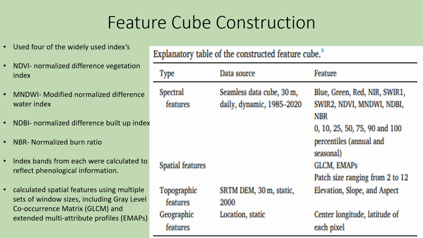I haven't seen the normalized difference water index, but there's that, and a normalized difference built-up index, a normalized burn ratio, and all of these indexes were calculated to reflect phenological information from different band lengths over the 30-year period. And then through that, they used some other things like gray level co-occurrence matrix, and extended multi-attribute profiles.